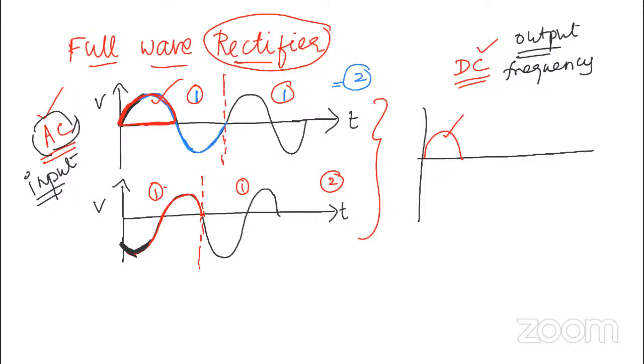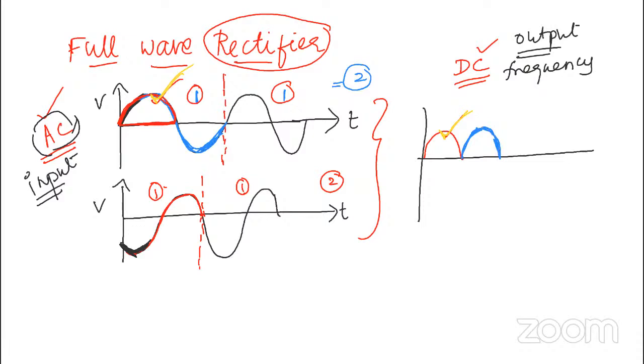Okay, for this one it should be 1 waveform in DC, and here for the blue portion we are having 1 waveform. So here there is no half wave, it is a full wave.